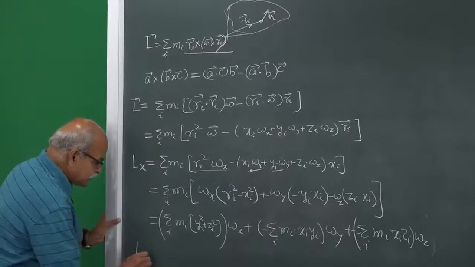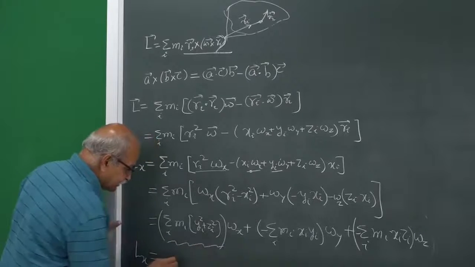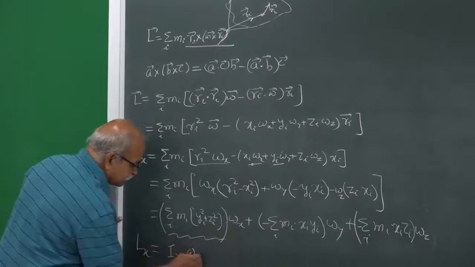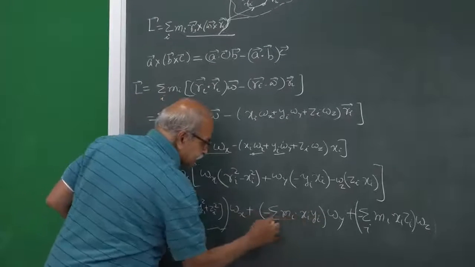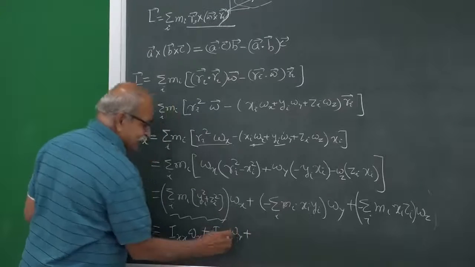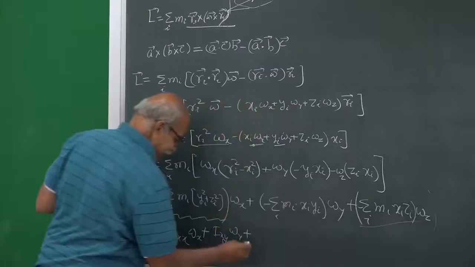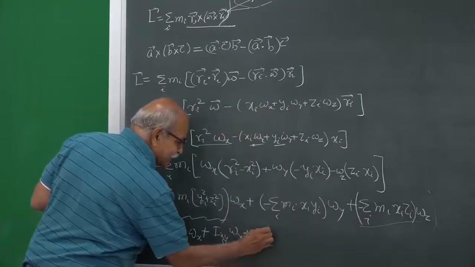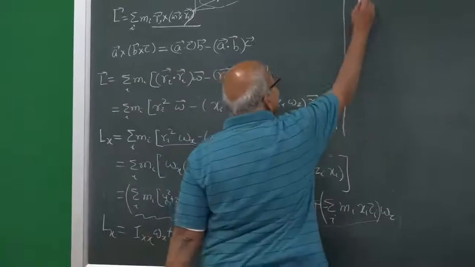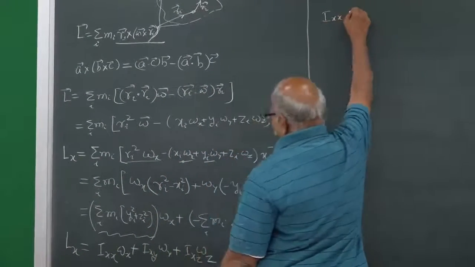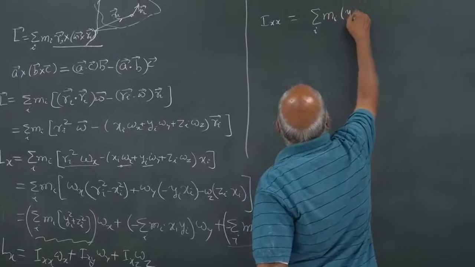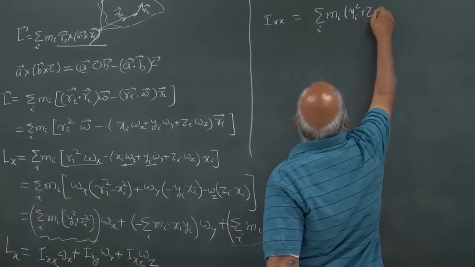So, for symbol I am writing this as, let us write this as Ixx, okay, omega x, plus let us write this as Ixy and omega y, plus this is Ixz and then omega z, where I am writing Ixx for summation over I m I y I square plus z I square.